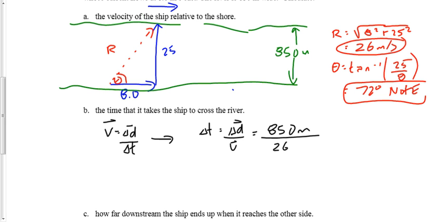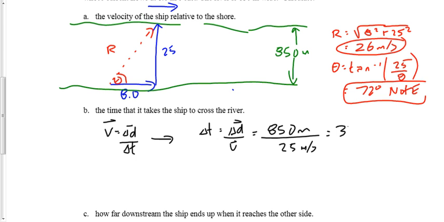If the displacement is north across the river, then the velocity has to be north across the river. The displacement and the velocity have to be in the same direction. So I'm not going to use 26 meters per second along with 850. I'll use 25 meters per second along with the 850, because the 25 meters per second is in the same direction as the 850. Does that make some sense?